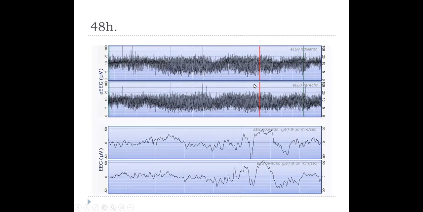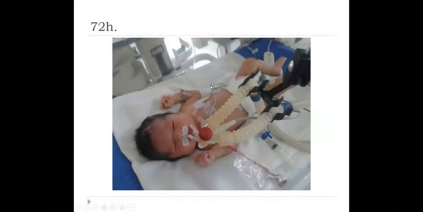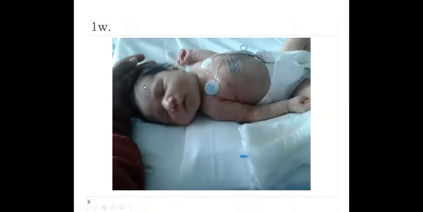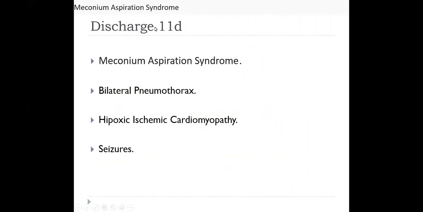And what was the final outcome? Okay, this is the baby after 72 hours, finishing hypothermia, and the baby after 1 week of life, you can see the scar. Discharge after 11 days.